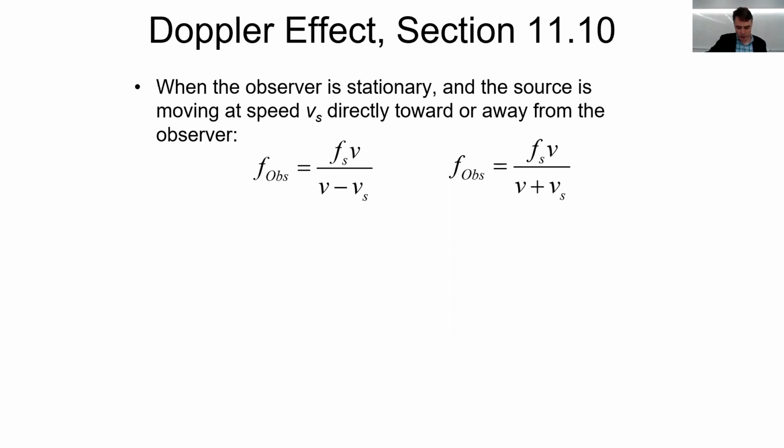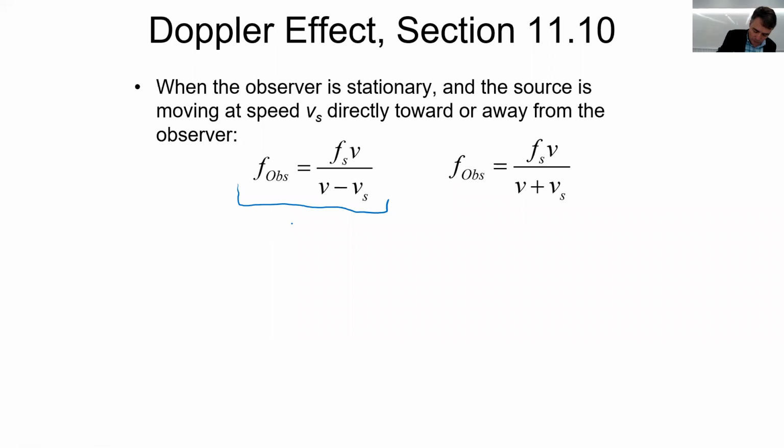Now, these are the equations that are given in Atkins in your reading. Let me just go over them, and I've split them out. When the observer is stationary and the source moves toward the observer, this is what will happen.